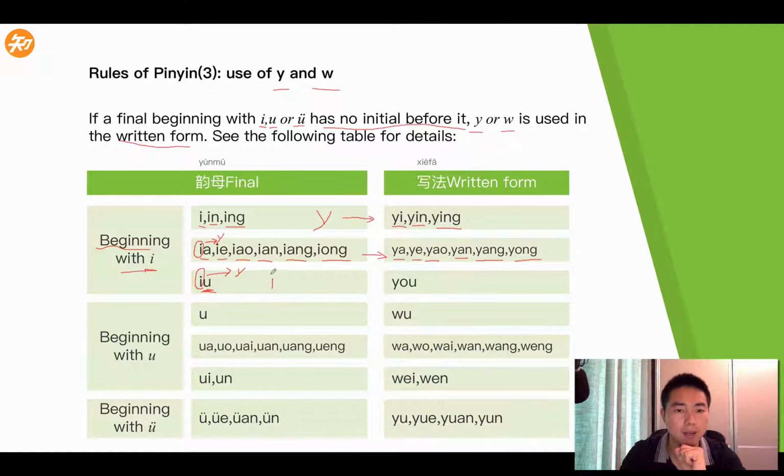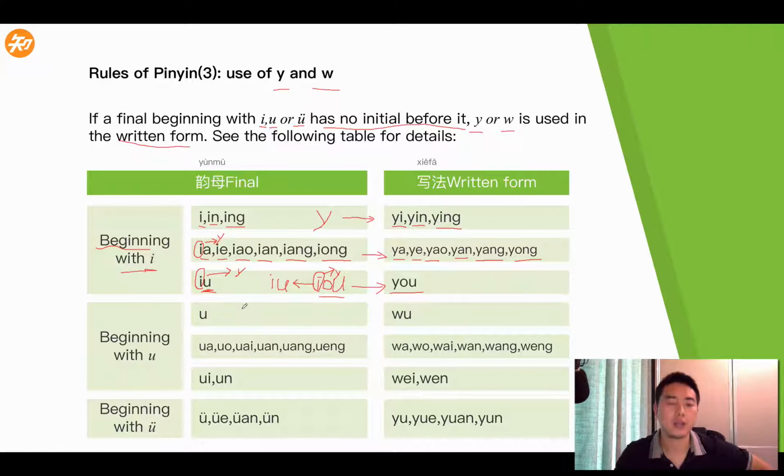If you remember, this you actually is transformed from this iou, right? So firstly, we make this back into the original form, then we change this one into the initial y, so it becomes like this. This is you.